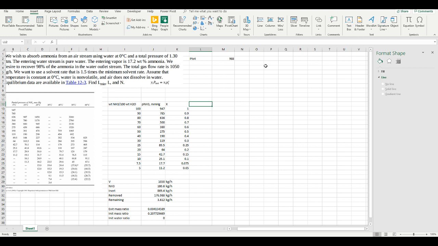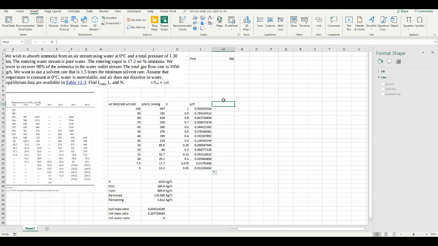So we can go ahead and find the pressure ratio here. This is going to be equal to the partial pressure divided by the total pressure. And let's do that for the entire range again. Now, here lies the issue. We have mass ratios, but we need to convert this into mole fractions in order to calculate the equilibrium.